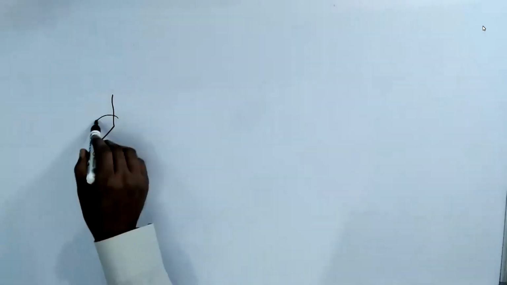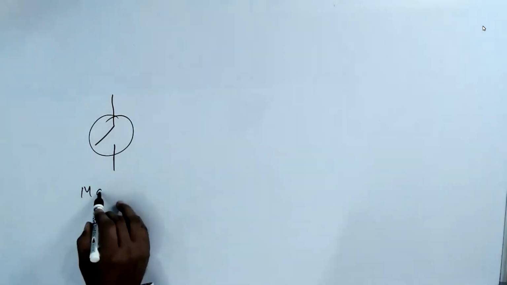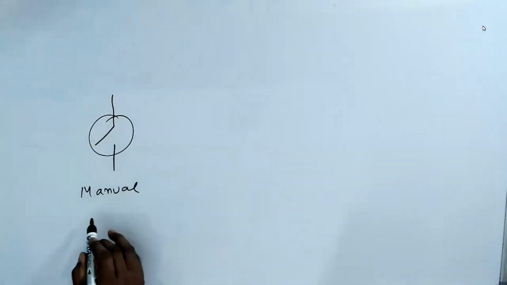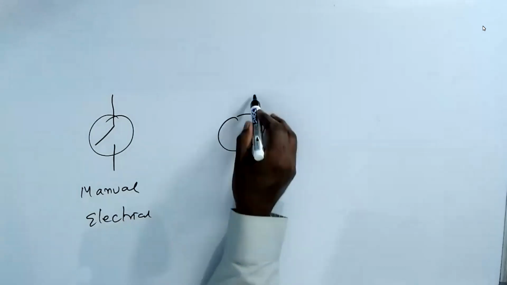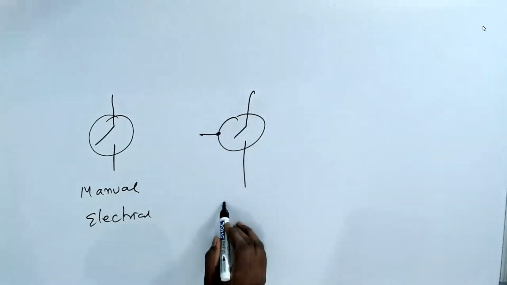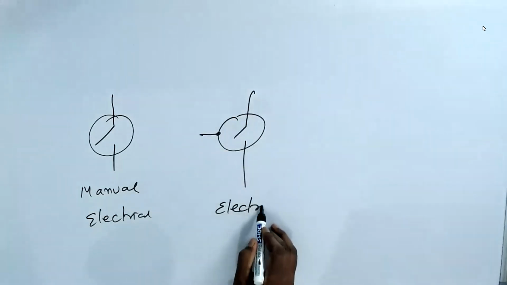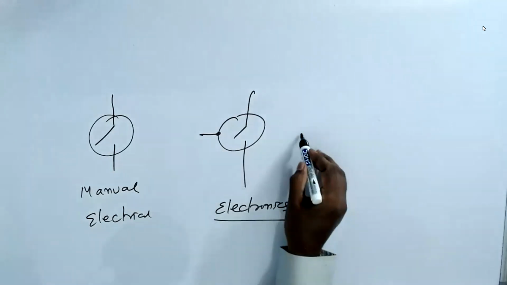In digital electronics, the basic thing is nothing but a switch. If I control the switch manually, that is electrical. If I have a switch which I control using electrical input, that is electronics, and we call this a gate.